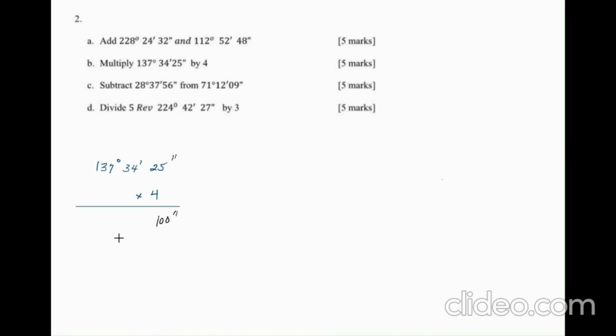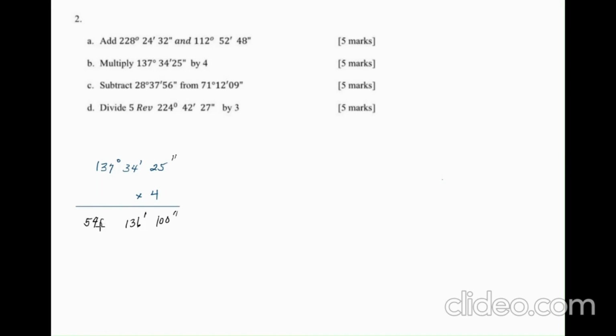And when I multiply 4 times 34, I get 136 minutes. And when I multiply 4 times 137, I get 548.